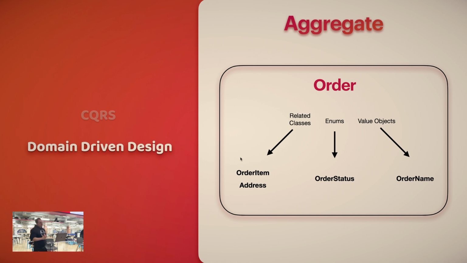An aggregate is a group of classes, enums, and value objects that are related to each other. It starts with an aggregate root, which is usually an entity like order, which is identifiable by ID. And the order has order items, which are just some classes which have data in it, which are not identifiable by ID. And there's also an enum, for example, order status, and so on.